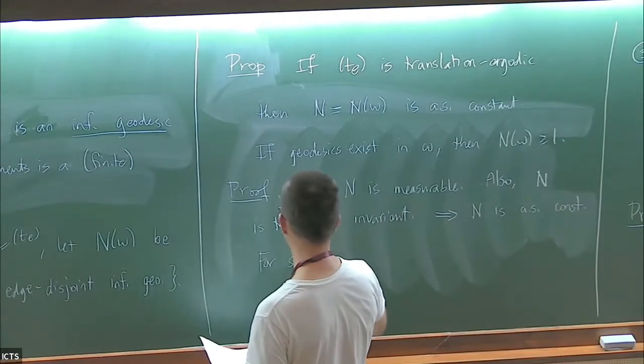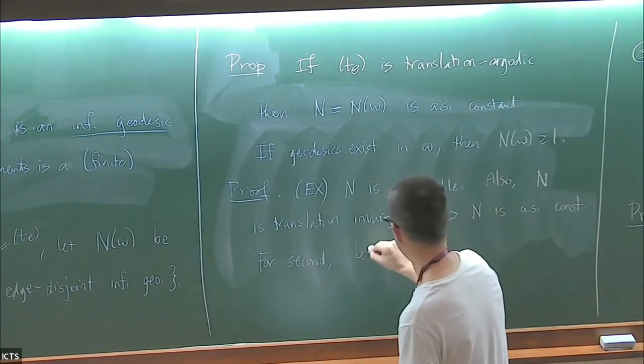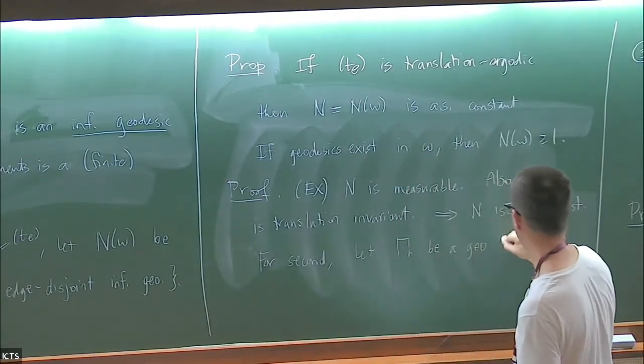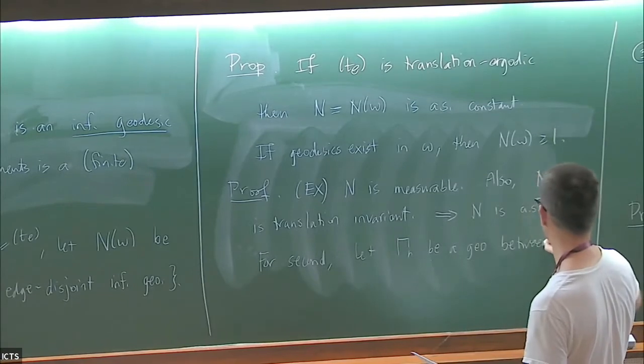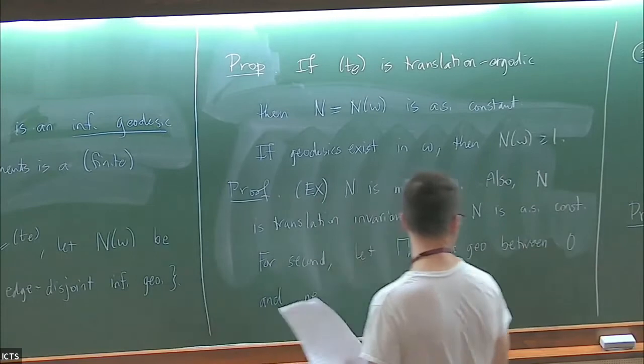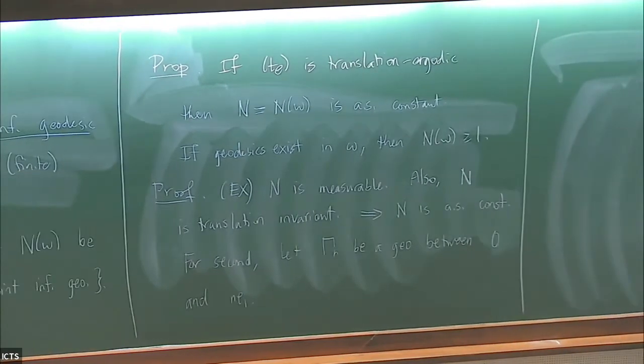So for the second claim, we're going to let gamma_n be a geodesic between 0 and any 1. Okay, we can do that for every n because we have geodesics. Here's my picture.